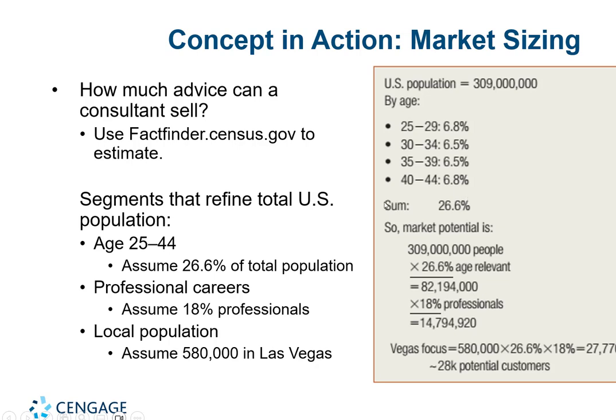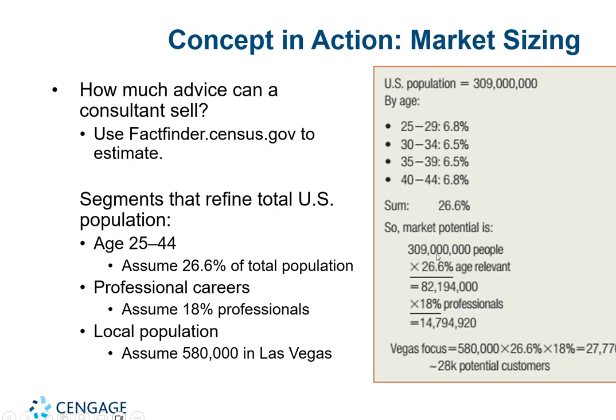So let's do a very simple market sizing exercise. Now, this is actually out of date. The US population has grown about 10% since then. But imagine we're trying to find the proportion of people aged between 25 and 44 in the US population. In fact, this is 26.6% of the total.